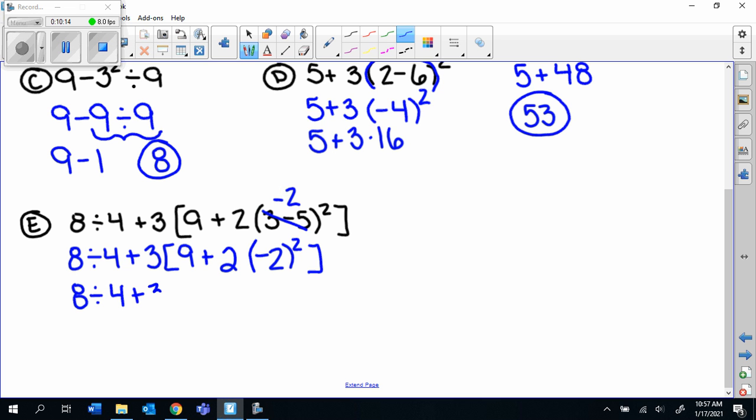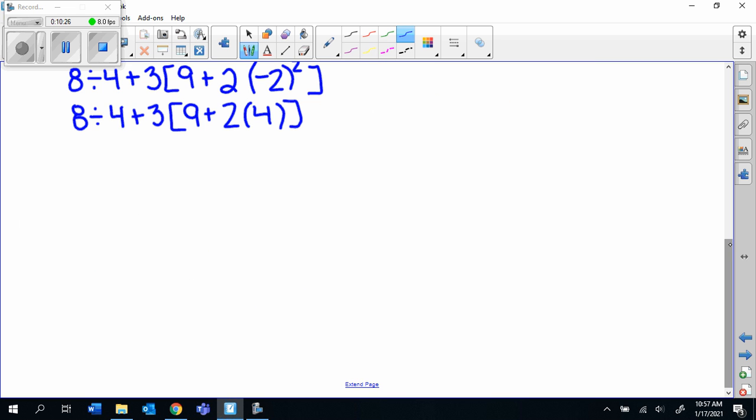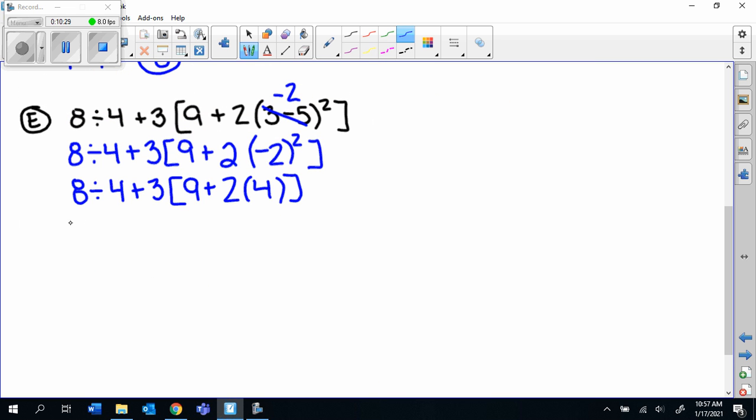If you do not need to write out every single step, then you can shortcut that. But as the instructor, I feel like I need to show you every single step until we get the hang of this. And so we're going to just keep rewriting this 8 divided by 4 plus 3 until I'm ready to deal with that.